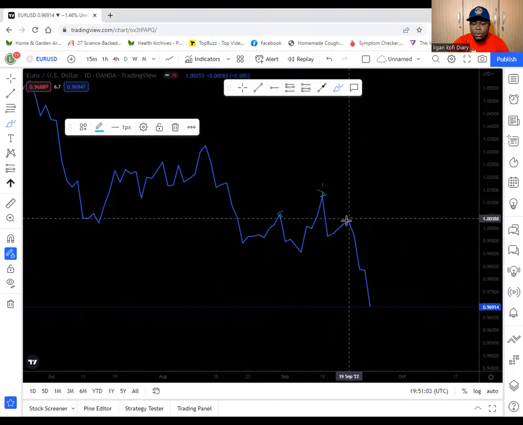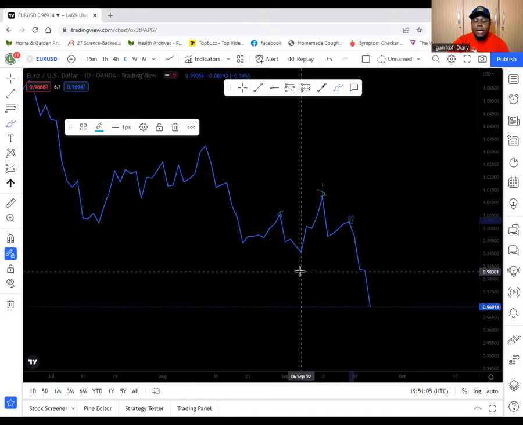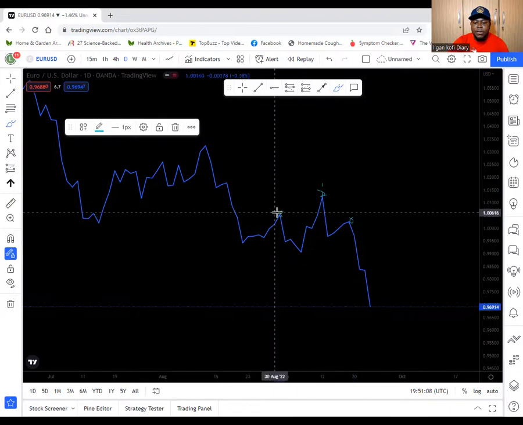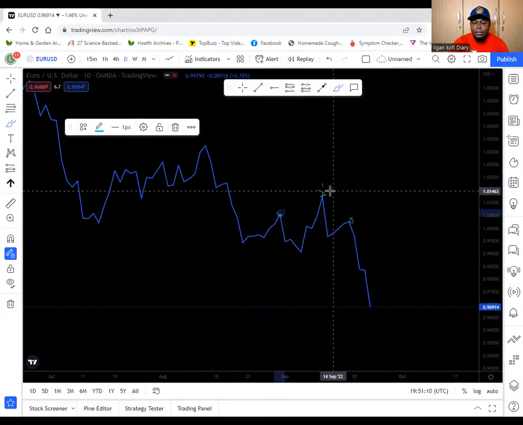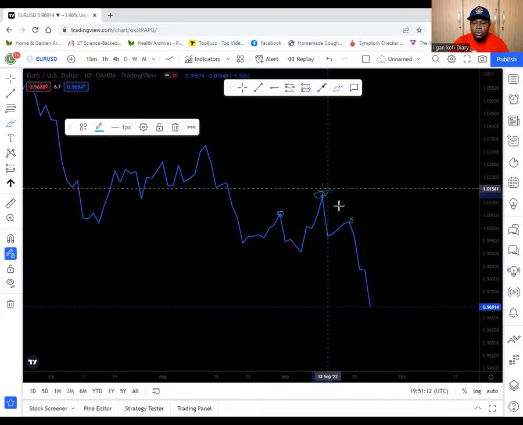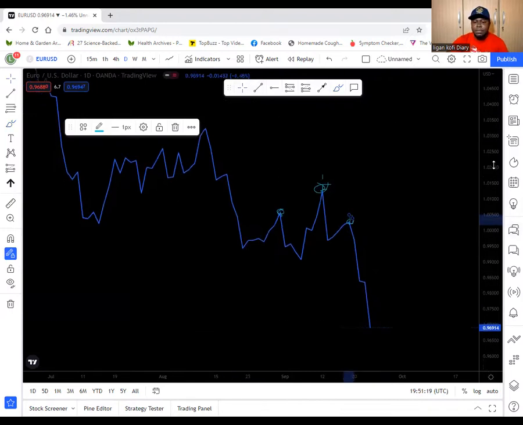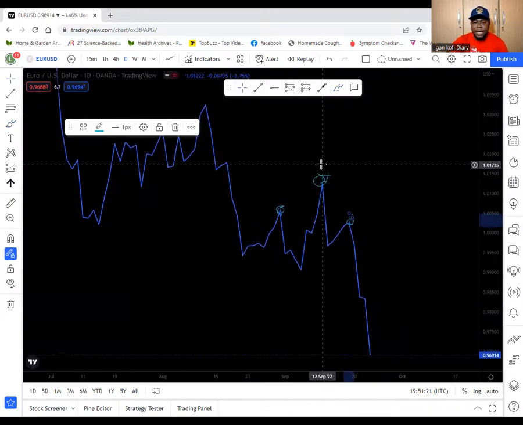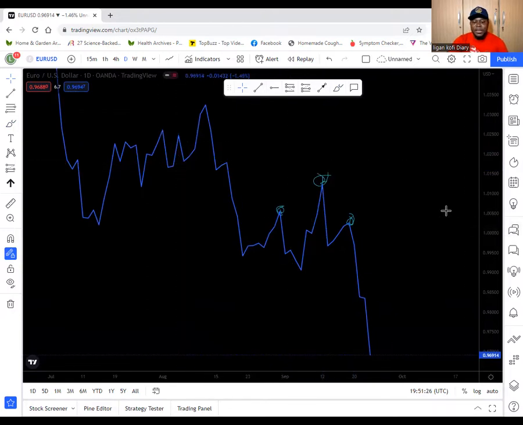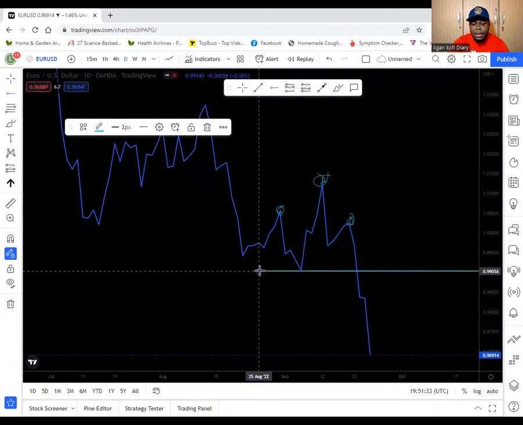Shoulder, shoulder, head, and shoulder. Does it make a bit more sense? Look at it. So where is our neck? Our neck is here. This becomes our neck.